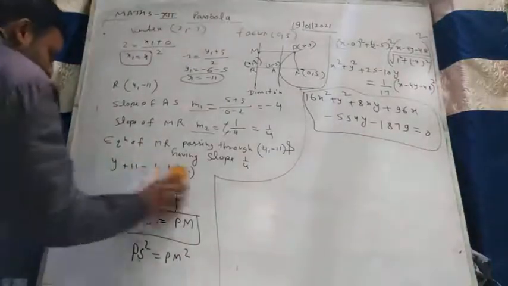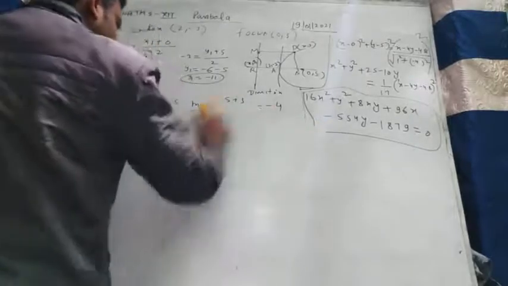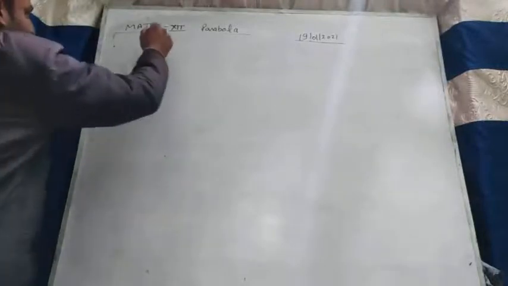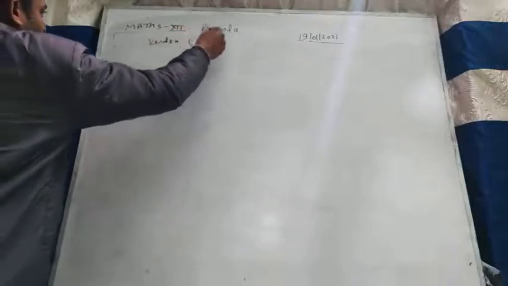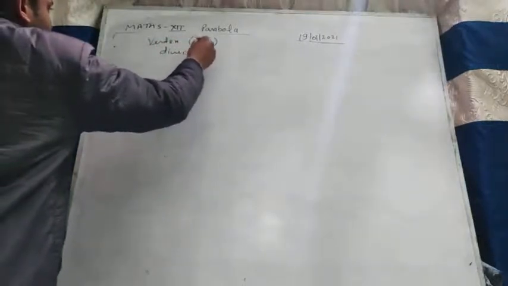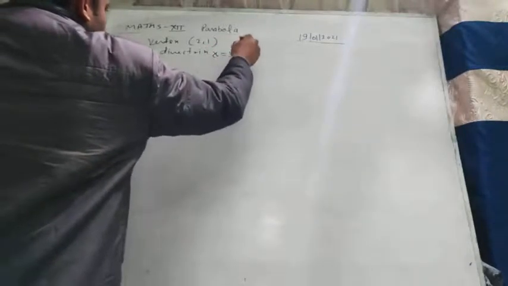Now we take another question, student. The next question is: find the equation of the parabola whose vertex is 2, 1 and directrix is x is equal to y plus 1.